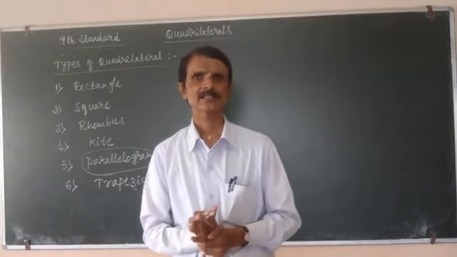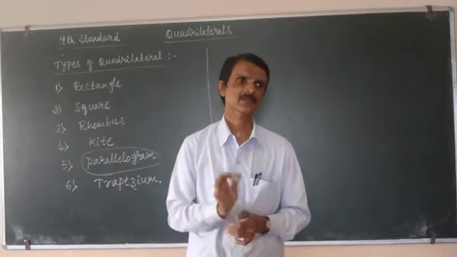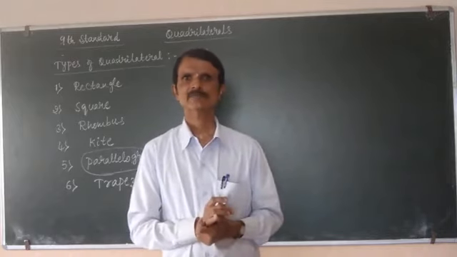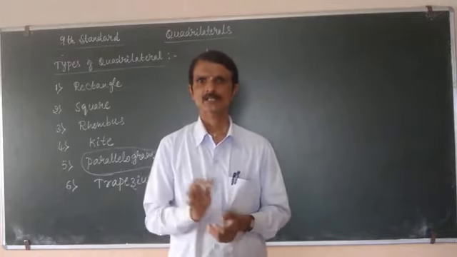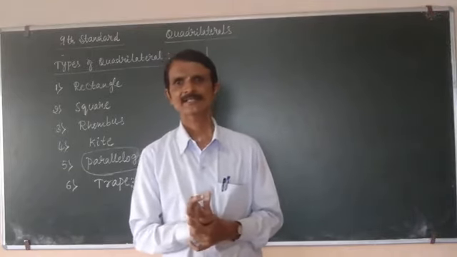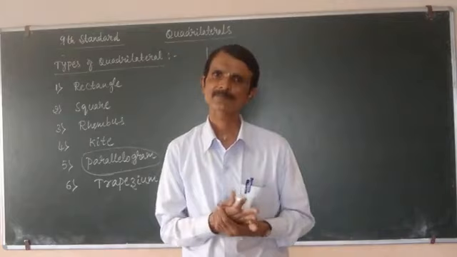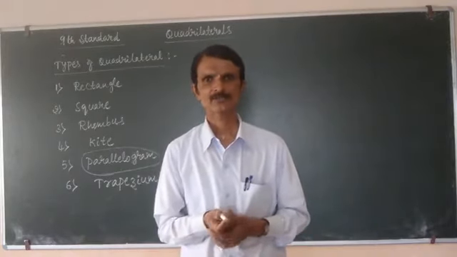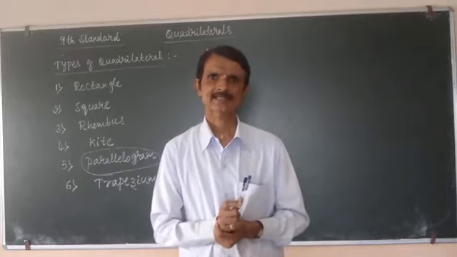Similarly, one of the special properties is the angle sum property. That means the sum of the interior angles of the quadrilateral is equal to 360 degree. Another one is that the diagonal of a quadrilateral divides the quadrilateral into two triangles.